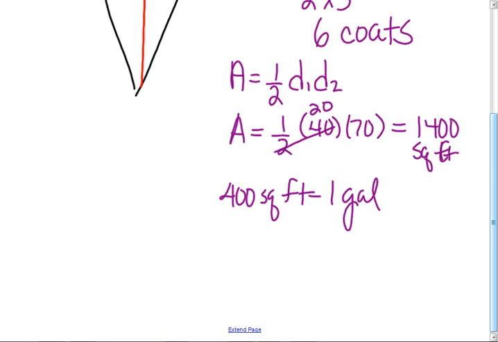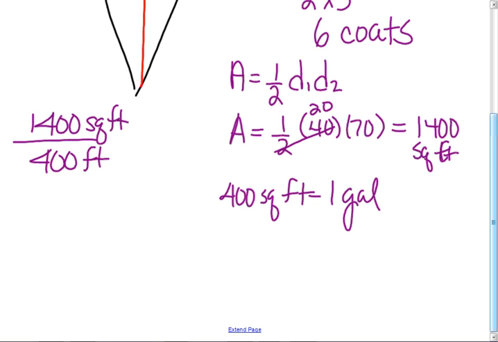I did it differently in the first hour. 21 gallons. Why? Because you get 1,400 and you divide that by 400. You have 1,400 square feet, so you divide by 400 feet per gallon. No, it doesn't. This is only to do it once.